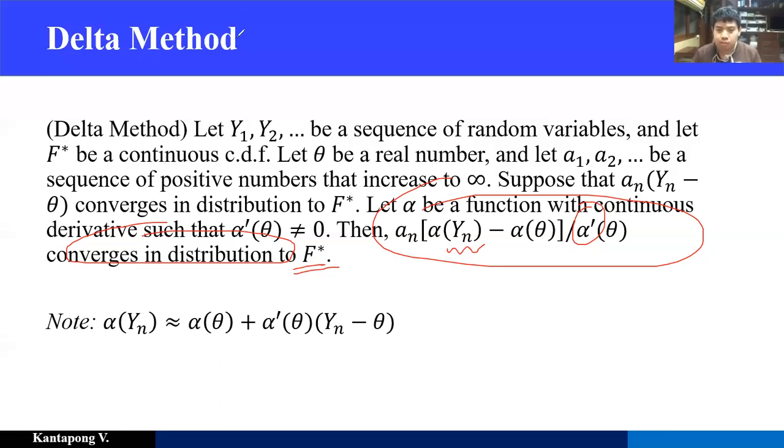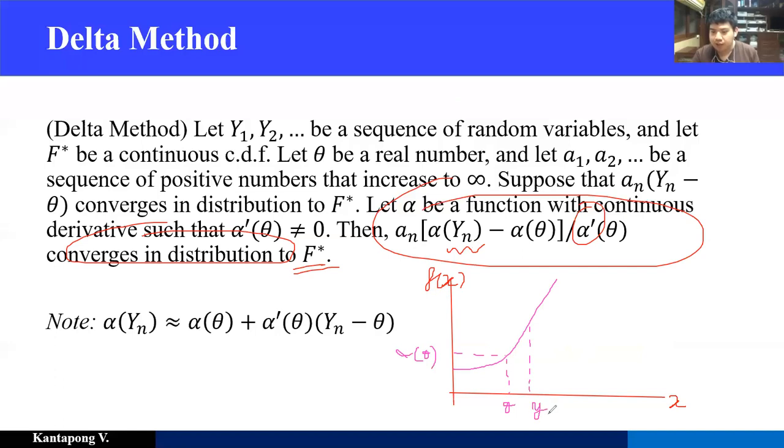I think it's good to draw a picture to show some illustration here. We have the curve, something like this. You know theta, you know g of theta, but you want to approximate for Yn.